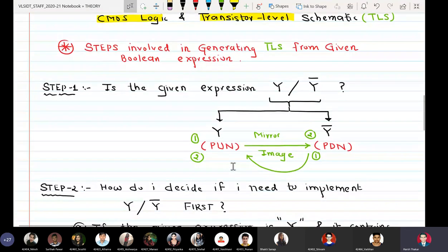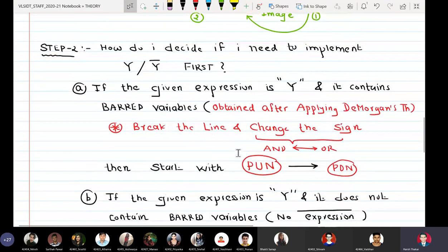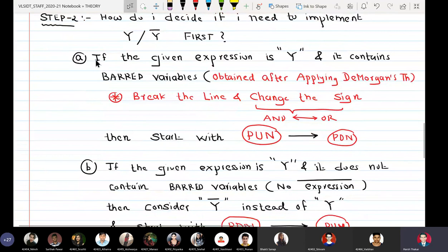So the steps involved. Step number 1: if the given expression is y, start with PUN and go to PDN. If the given expression is y bar, start from PDN and go to the pull-up network. How do I decide whether to implement y or y bar first?